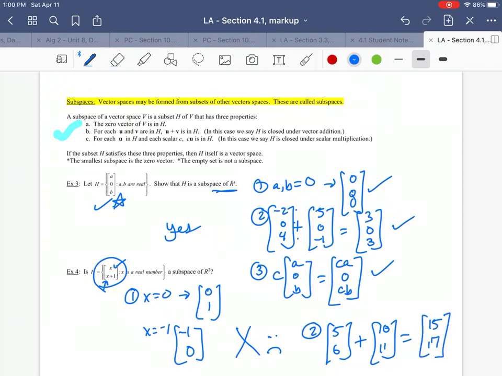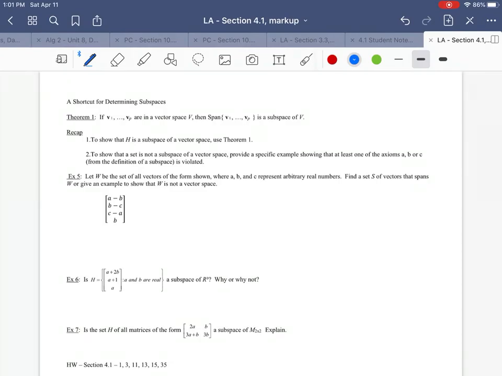Well, 15 and 17 are not 1 apart. It's 2 apart. So this fails. That should have been 16 if it was going to follow this pattern. So basically, a shortcut for determining subspaces is like we were doing: show that those 3 things work, and that's it.